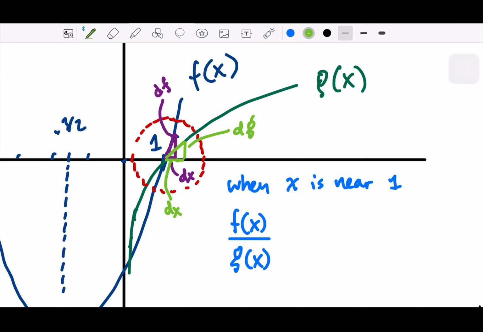Okay. Now, imagine that these are really small sections here and here. So df and dg. When x is near 1, we can write that the function itself is a representation of our df over dx.